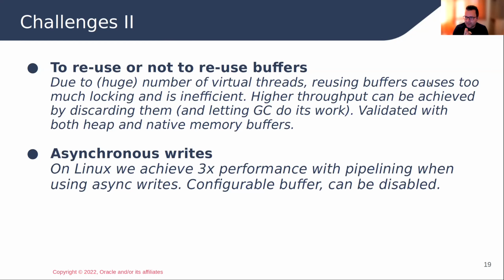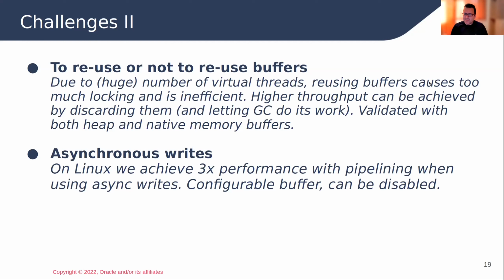The reason why we made this configurable, and it probably will be disabled by default in the future, is because you get this performance boost only when you use pipelining, which is a very different type of request. Most systems nowadays don't use HTTP 1 pipelining, mostly you will go to HTTP 2 for this kind of task. I think we can disable it safely, but it is there and it can be used.